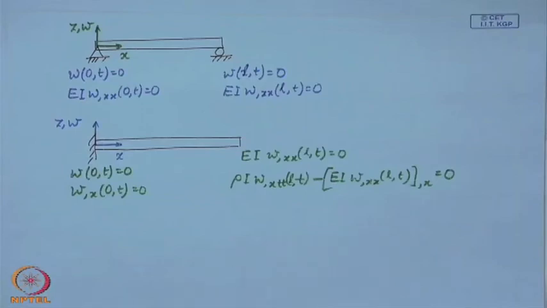So, these are two examples that we have considered where we have written out the boundary conditions. There can be other examples, and we will discuss these in the subsequent lectures.